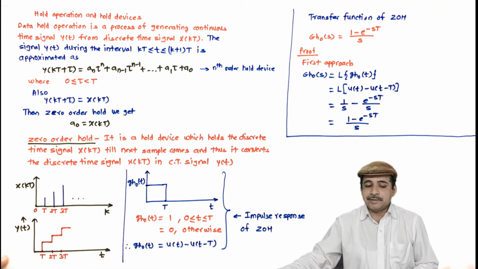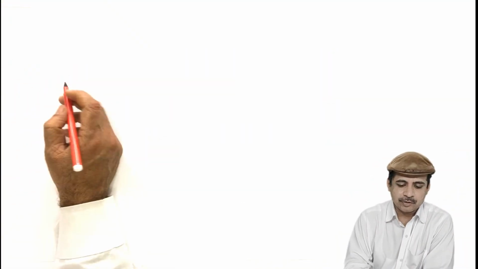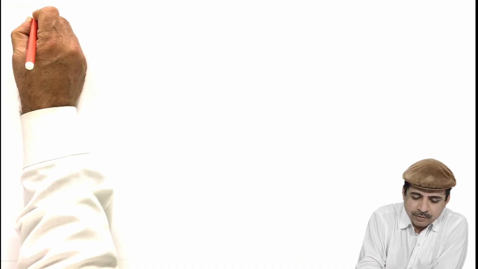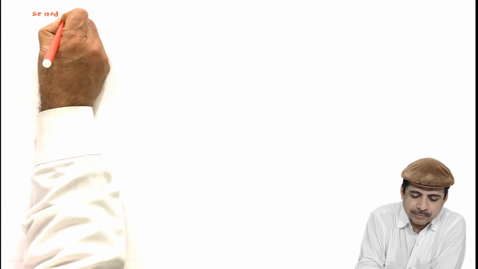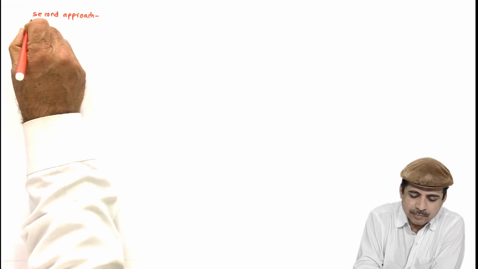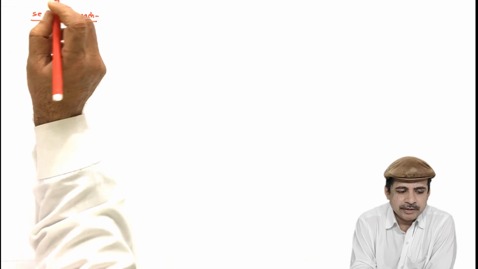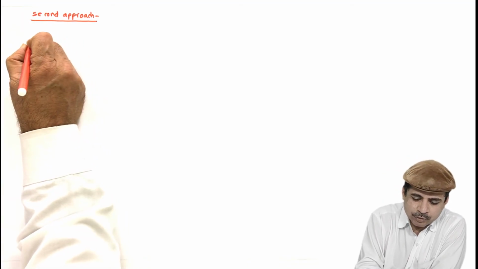Now let us go by a more theoretical approach, and it is more correct or appropriate. So I will call this the second approach. In this approach, let us consider the process.